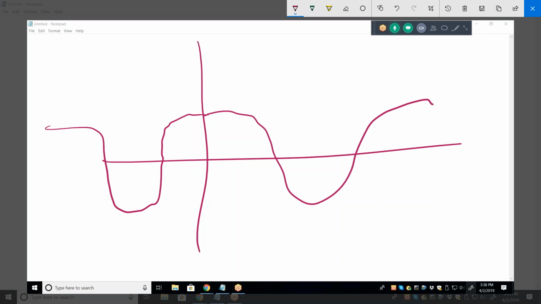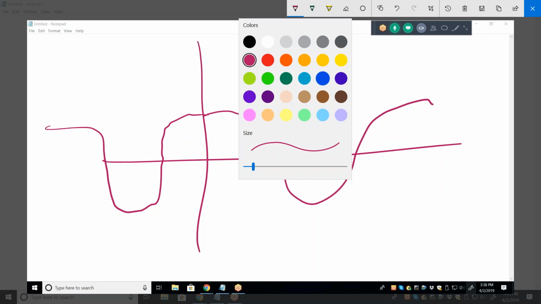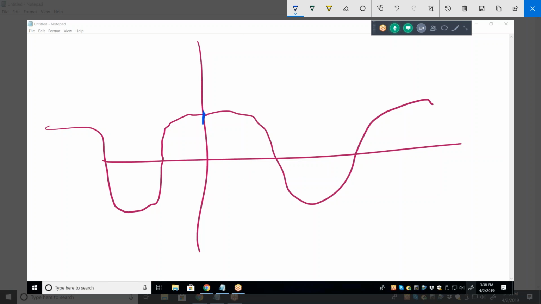Well, if I restrict the domain of this function, I'm going to restrict it from there to there, which you'll notice is quadrant 1 and 2. This is quadrant 1. This is quadrant 2.